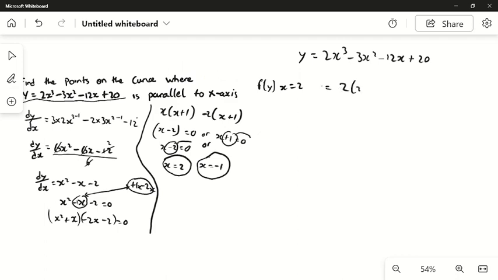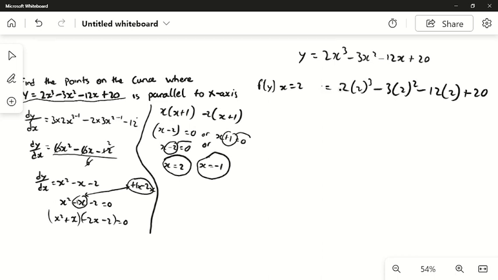We have 2 open bracket 2 close bracket cubed minus 3 open bracket 2 close bracket squared minus 12 open bracket 2 close bracket plus 20.